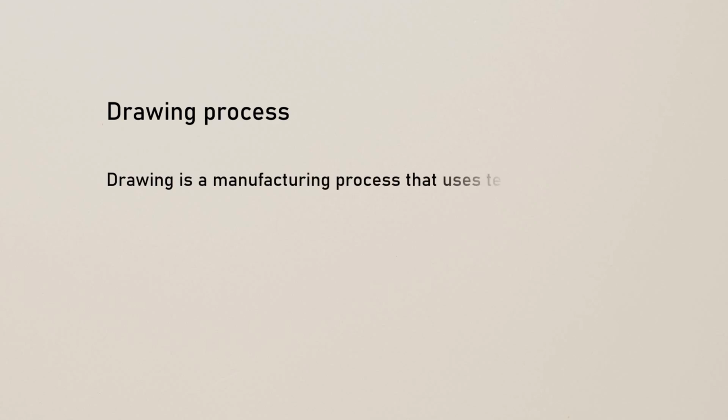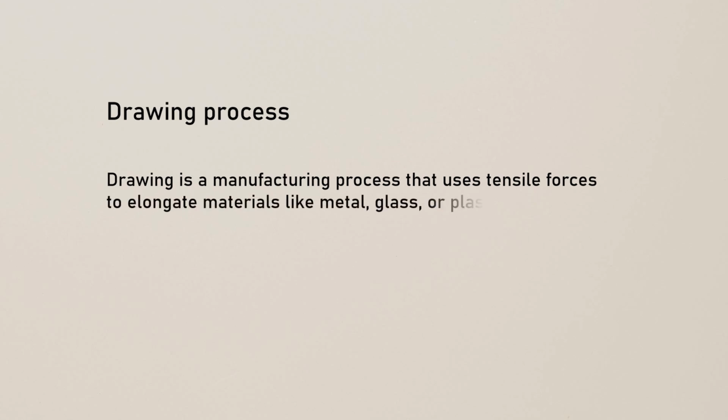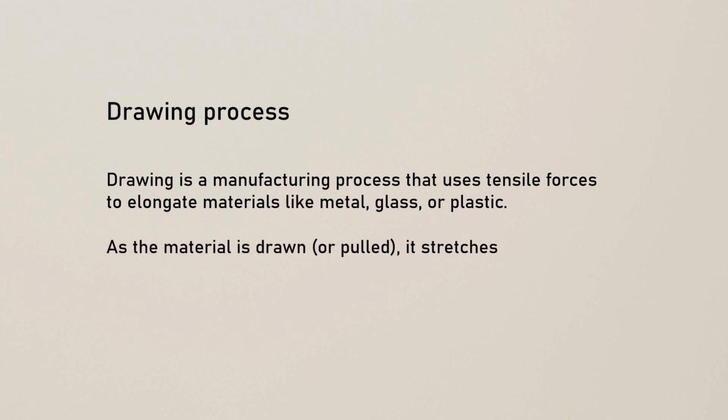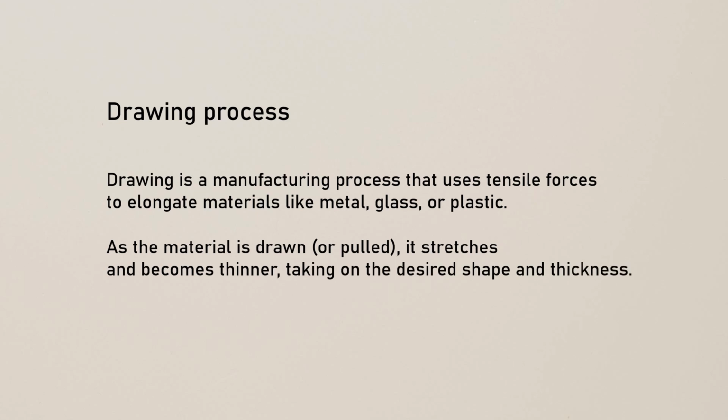So drawing is a manufacturing process that uses tensile force to elongate materials like metal, glass, or plastic. As the material is drawn or pulled, it stretches and becomes thinner, taking the desired shape and thickness. In simple terms, in drawing, we apply tensile force.